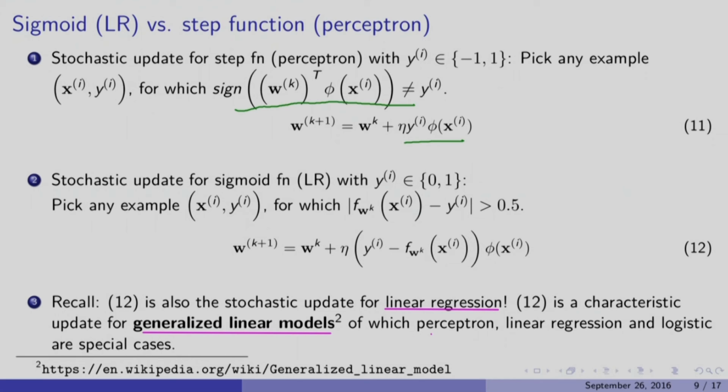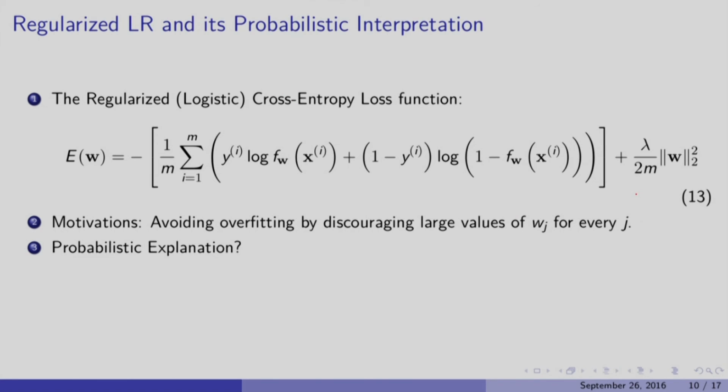That is because linear regression and logistic regression are just special cases of generalized linear models, and the basic characteristic of generalized linear models is to apply a function g to w transpose phi(x) where the function g is fixed. Recall that we also discussed non-parametric regression where the function g was not fixed. One can also regularize logistic regression by having a penalty for weights. This is to discourage extremely large values of weights, and like before, the motivation is to avoid overfitting.